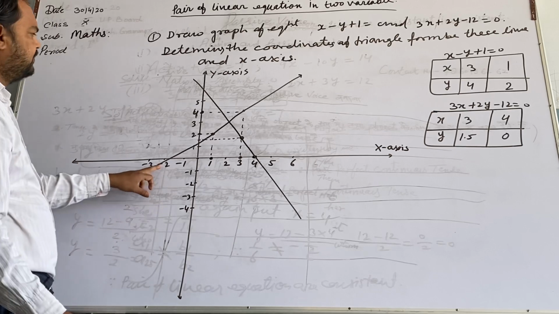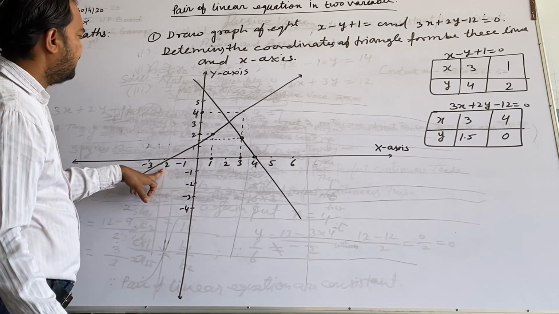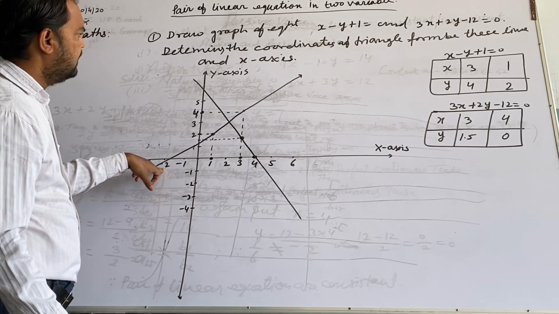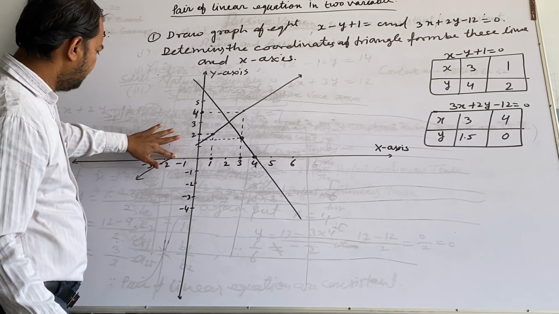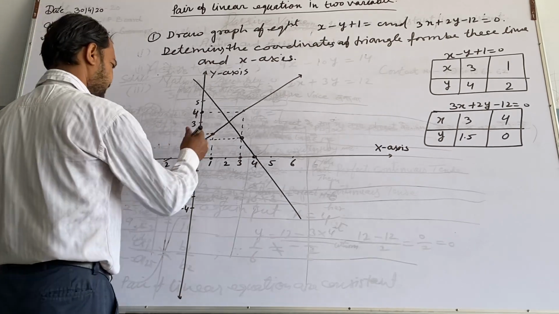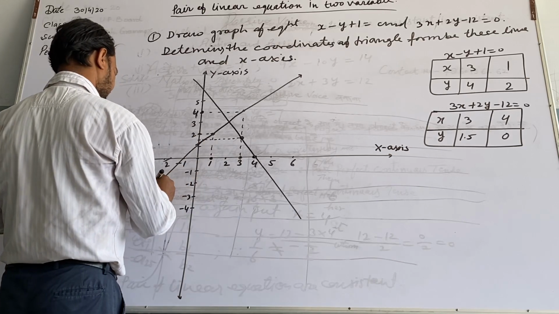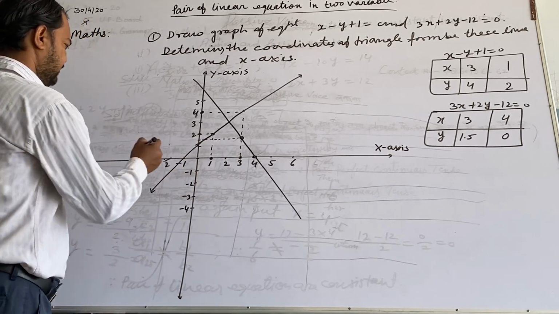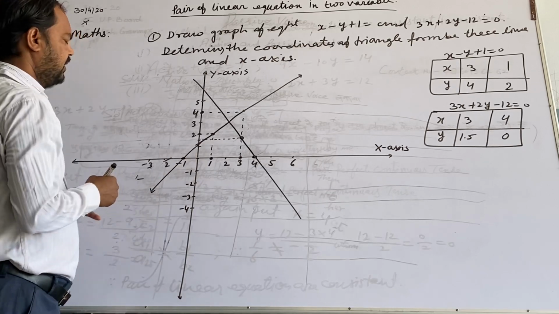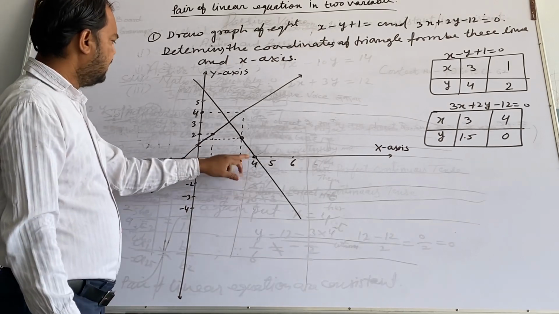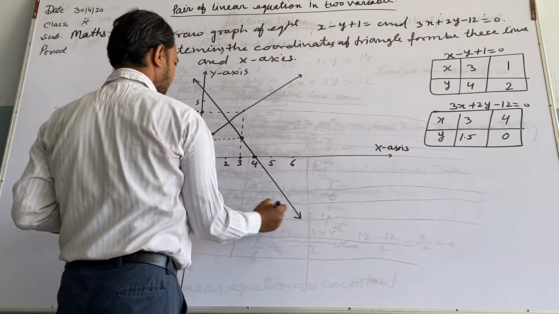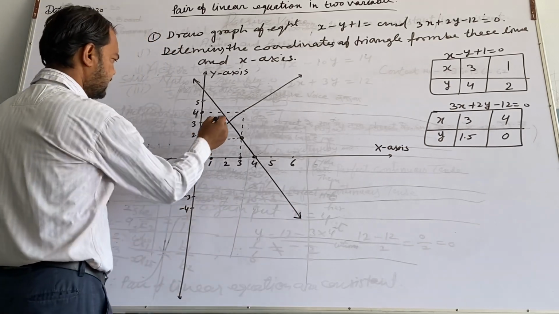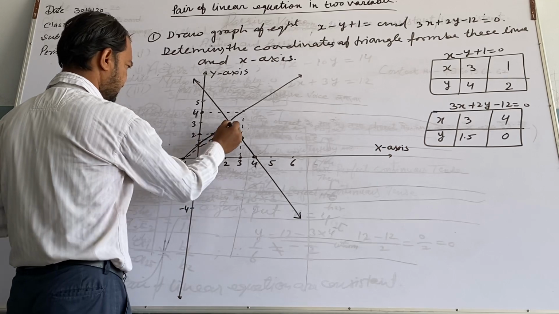In this way, you will find that this is the graph for both lines, and these two graphs make a triangle with the x-axis like this.